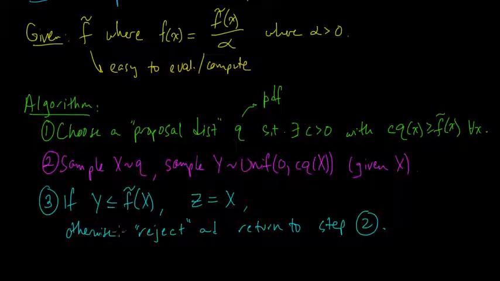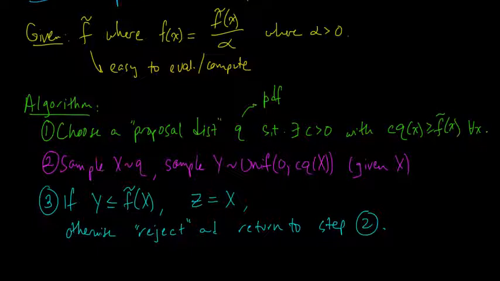So if we reject, we go back to 2 and try again. We start anew, get a new sample from Q, and then a new sample of y given the new sample of X from Q, and then we check to see if we satisfy this constraint. We keep looping here until this is satisfied, and then we stop, and we get our sample, which is this resulting Z.